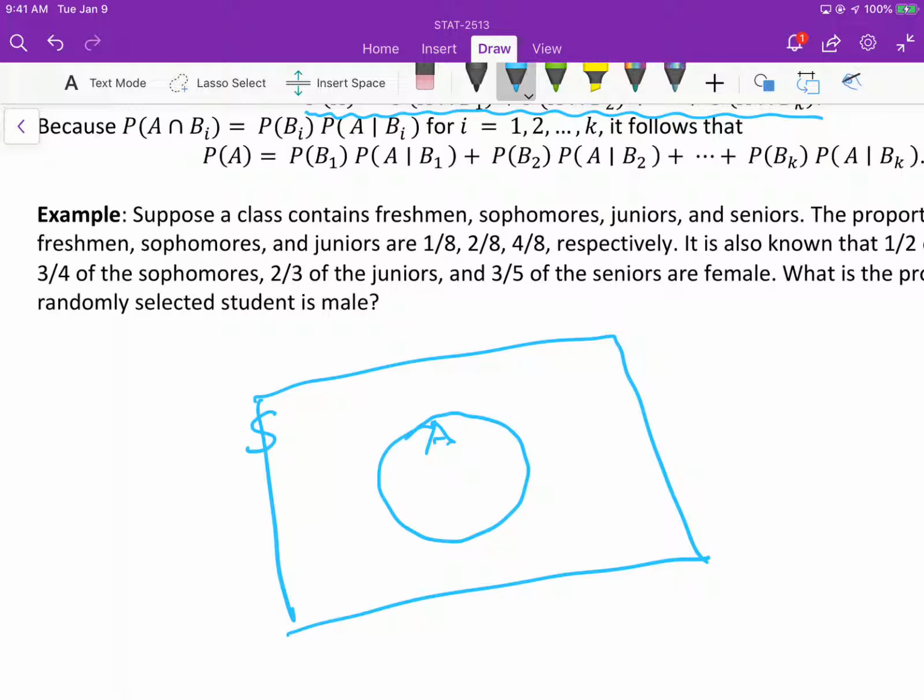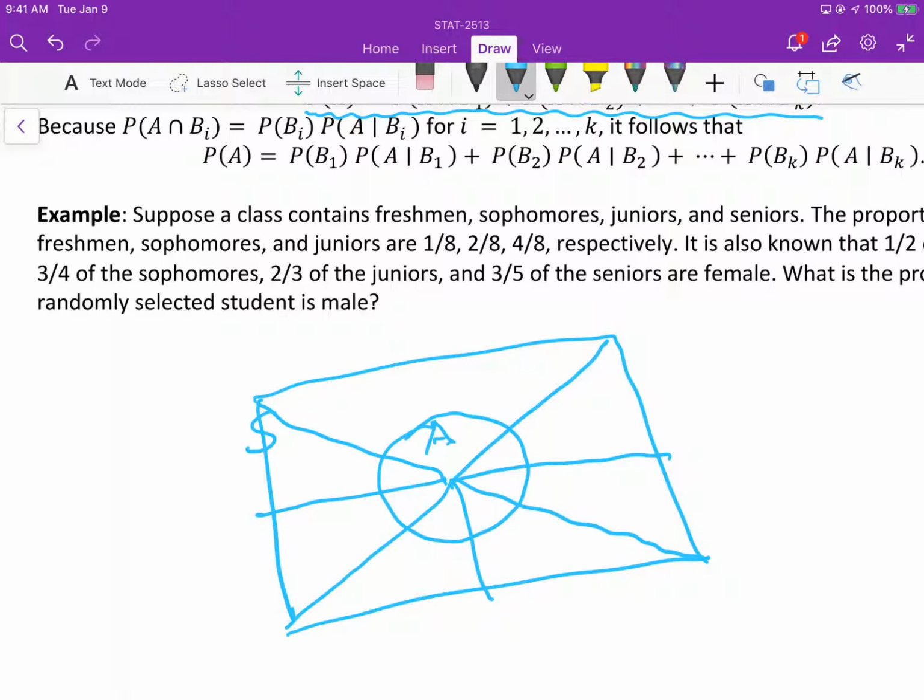Suppose S can be partitioned into so many pieces. Each piece is B1, B2, B3, B4, B5, B6, B7, and B8. So S is partitioned into different slices.